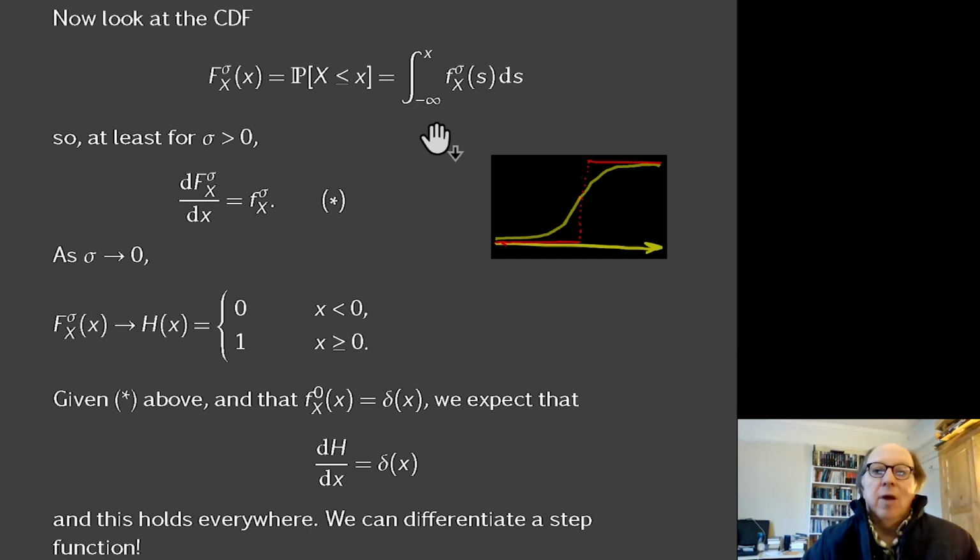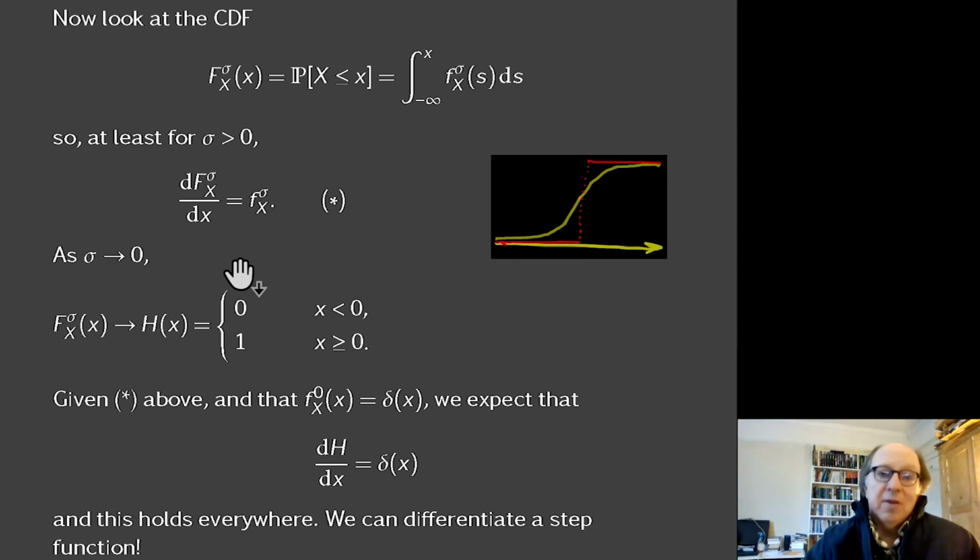And so, of course, as we know, by the fundamental theorem of calculus, when sigma is positive at least, everything is smooth, and you can differentiate this to get capital F' equals little f. And of course, when you draw the graph of this thing, you have the usual sigmoid curve like that.